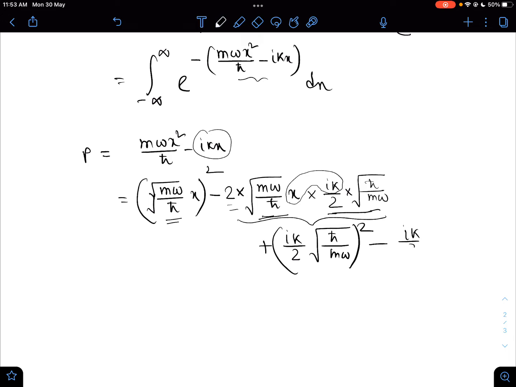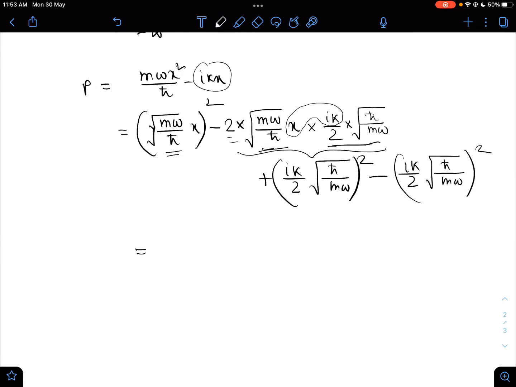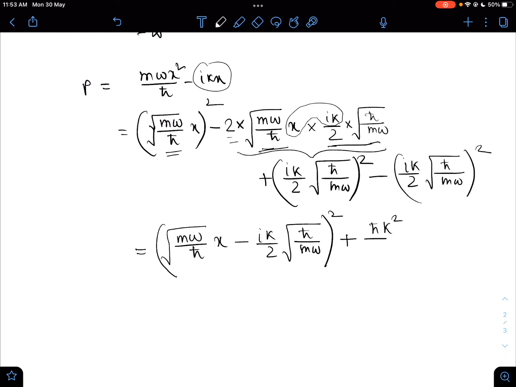So ik by 2 root under h cut by m omega, squared. So this can be expressed as root under m omega by h cut x minus ik by 2 root h cut by m omega, squared, and i squared will be minus 1, so we have plus h cut k squared by 4 m omega.